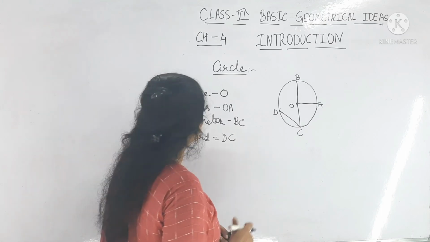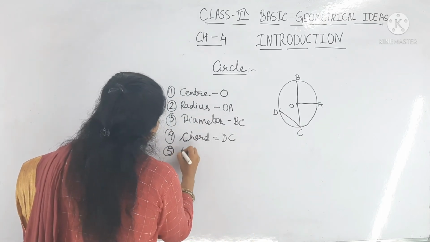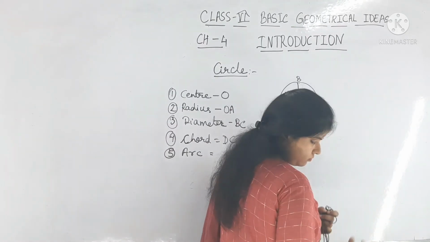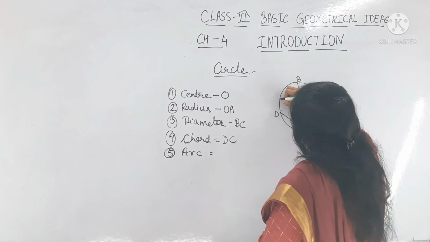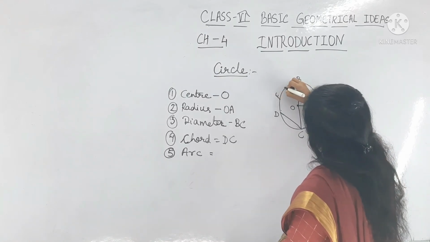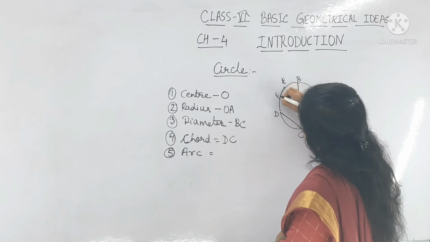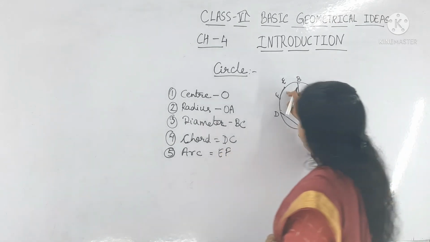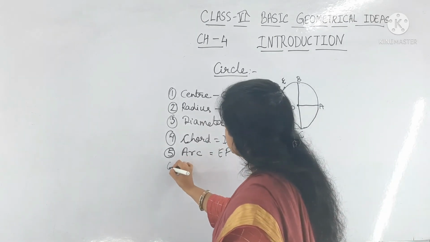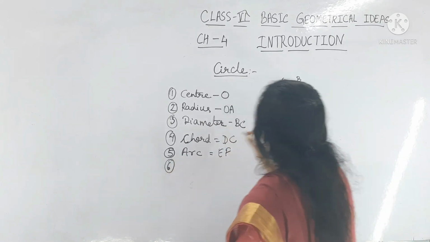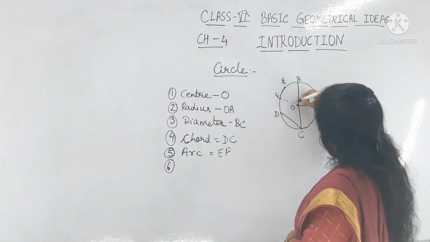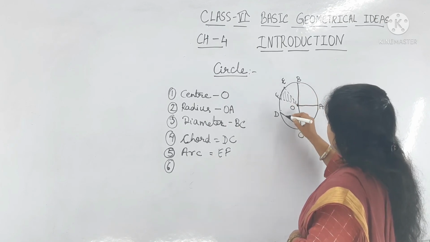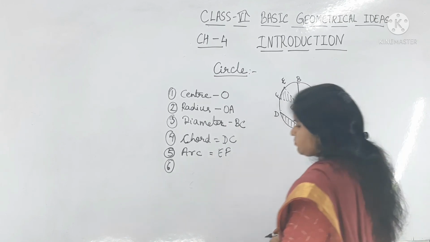Now if I am taking an arc, if I take any points here, let them be F and E. You can see here an arc. So this is an arc. EF is one arc. Number 6: if I meet these lines with the center, this is an area and this is an area.